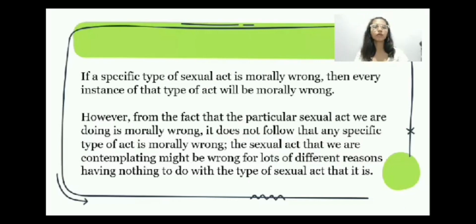In some cases, of course, a particular sexual act will be wrong for several reasons. Not only is it wrong because it is of a specific type, say it is an instance of fellatio, but it is also wrong because at least one of the participants is married to someone else. It is wrong also because it is adulterous.